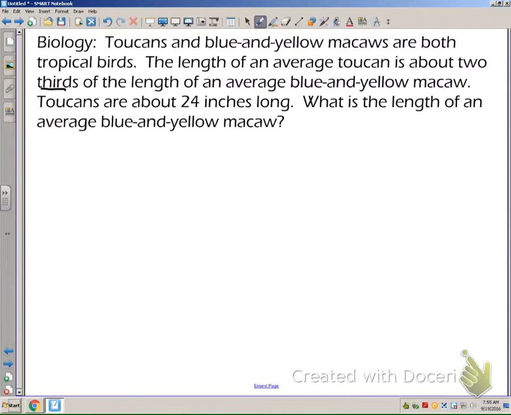So let's identify our important information here. We've got the toucan, and we know that it's about 24 inches long. And we've got the macaw.